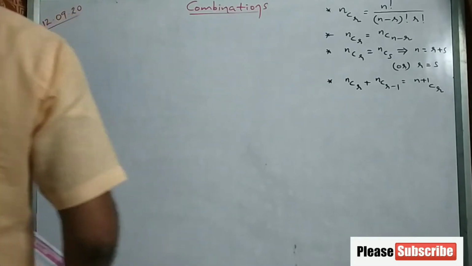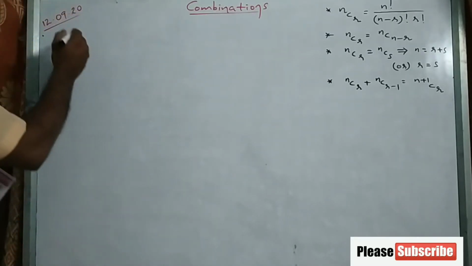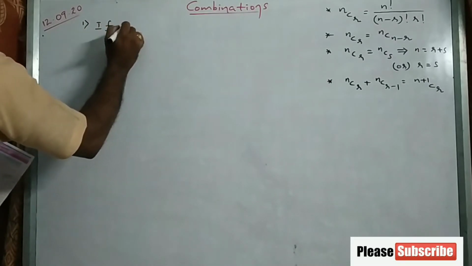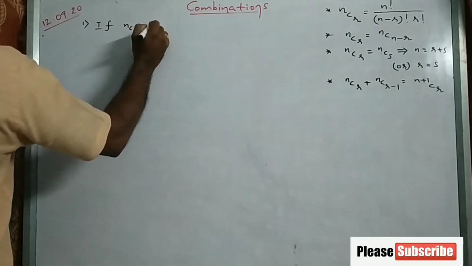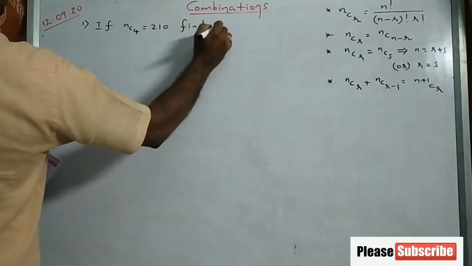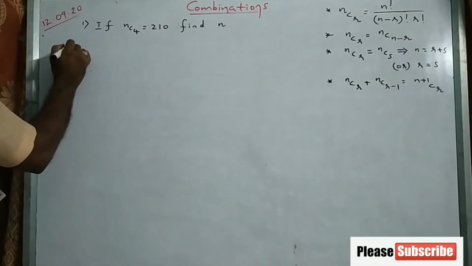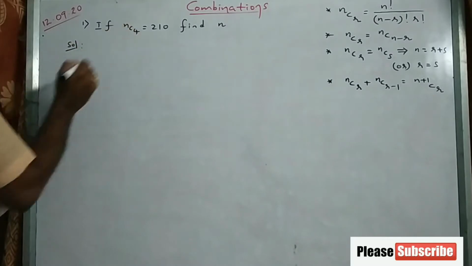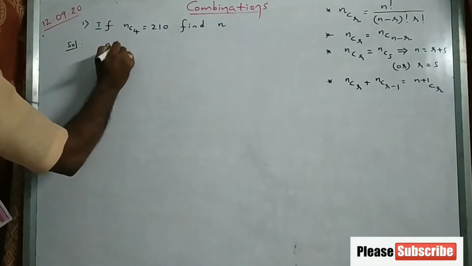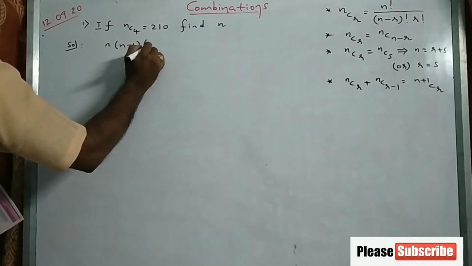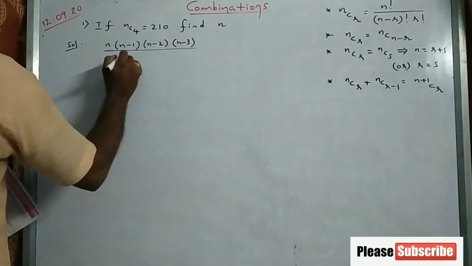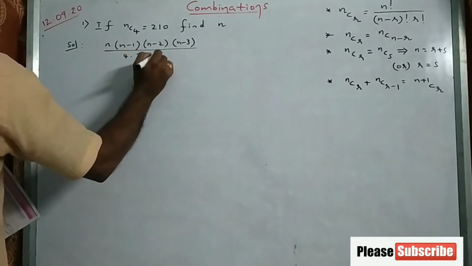Okay, on this we will see some problems now. First one: if nC4 equals 210, then find the n value. We are given nC4 equal to 210. nC4 can be written as n into (n minus 1)(n minus 2)(n minus 3) upon 4, 3, 2, 1.